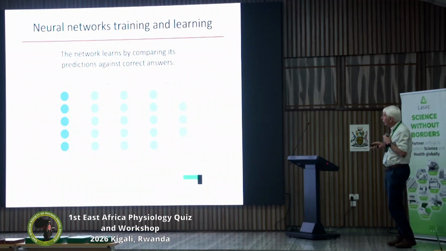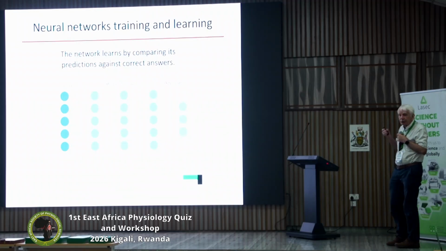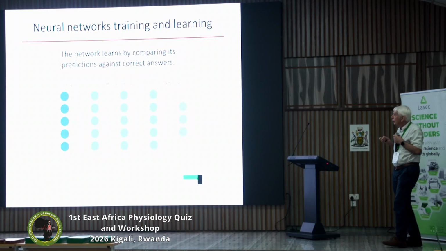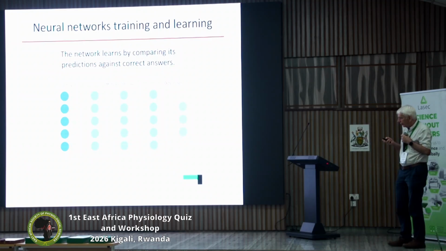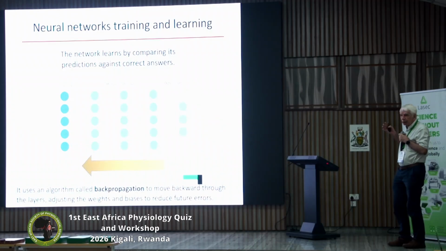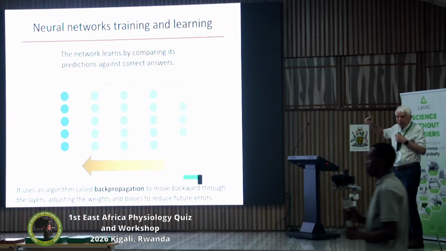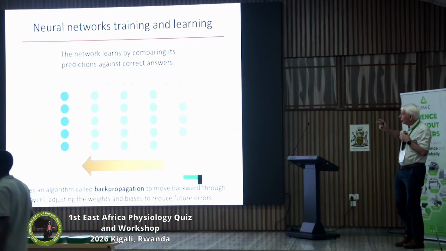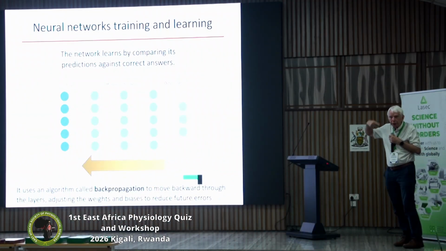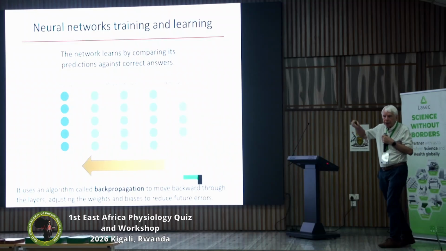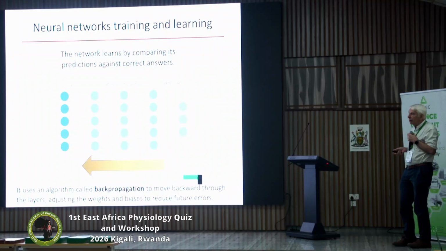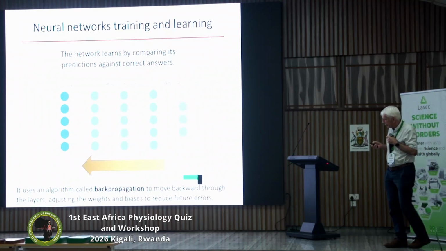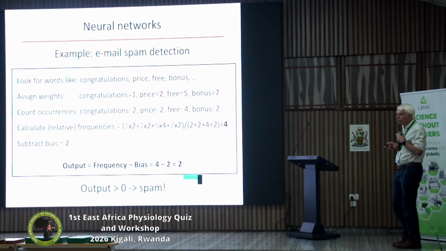The prediction is compared with the correct answers, what you had in mind. So you have an error, and by mathematical calculations you try to reduce the error. So the learning in the AI model is a kind of adaptation of the gain in the connections between the different neurons.